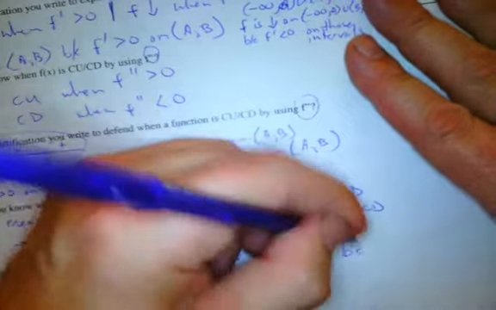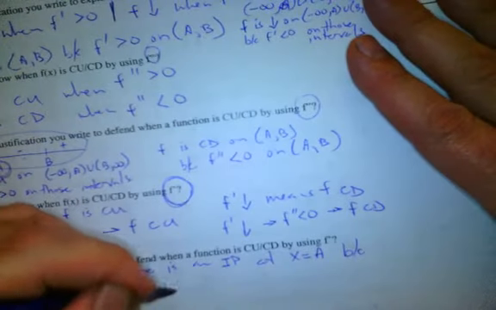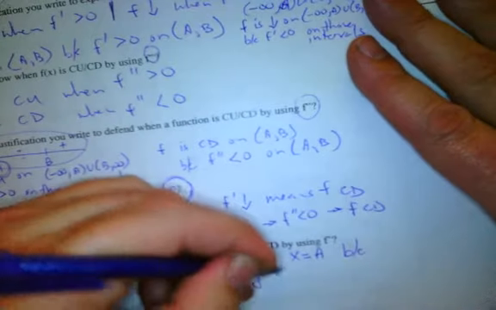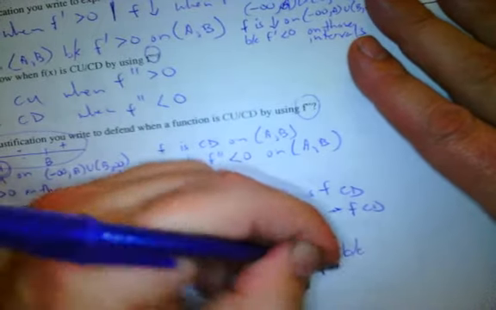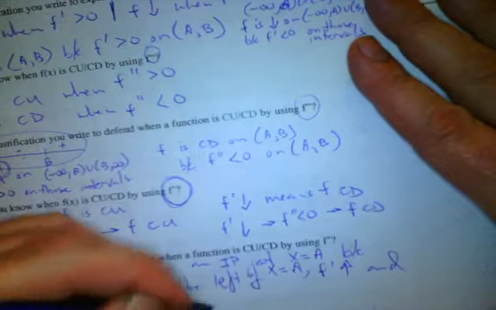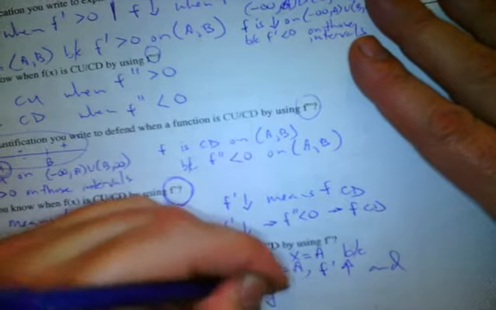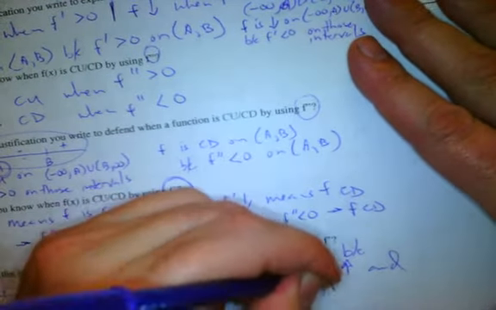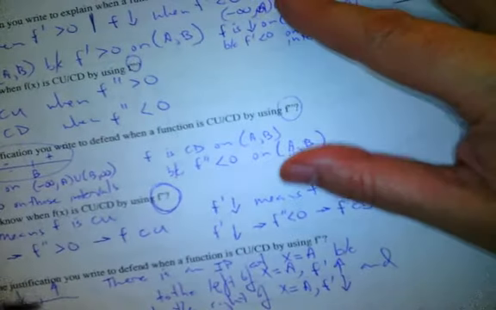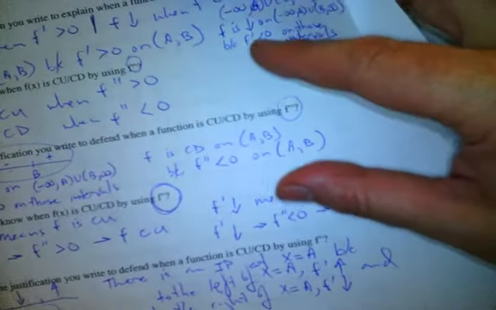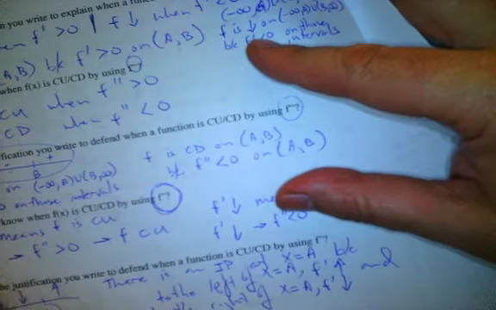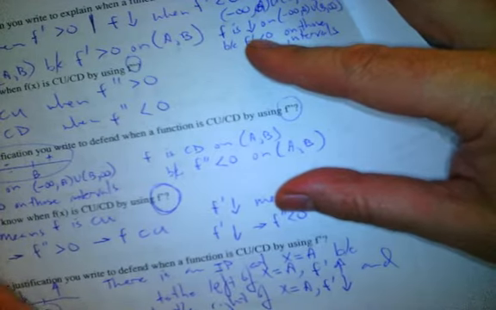And so I would write, there is an inflection point at x equals a because to the left of x equals a, f prime is increasing, and to the right of x equals a, f prime is decreasing.